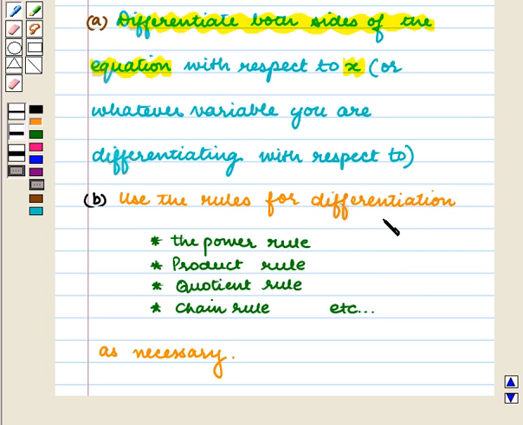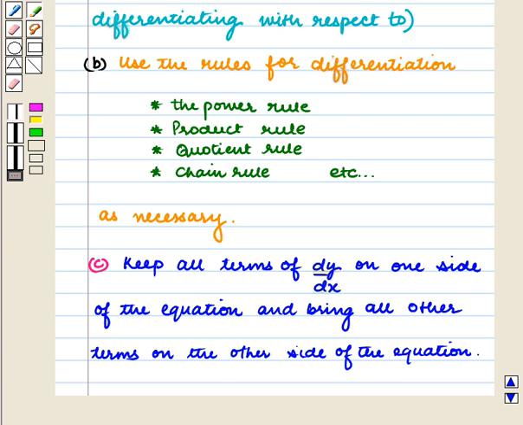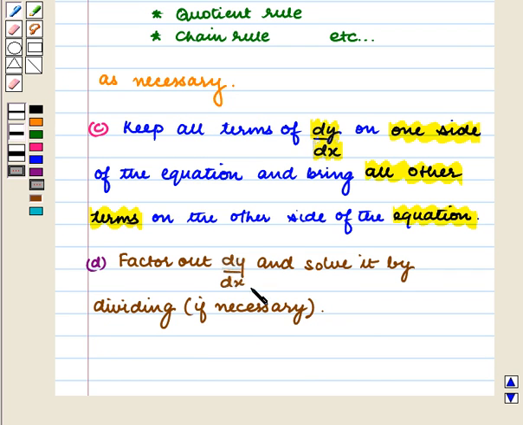Use the rules for differentiation, that is the power rule, the product rule, the quotient rule, chain rule, etc. as necessary. Next is to keep all terms of dy by dx on one side of the equation and bring all other terms on the other side. Next, we factor out dy by dx and solve it by dividing if necessary.